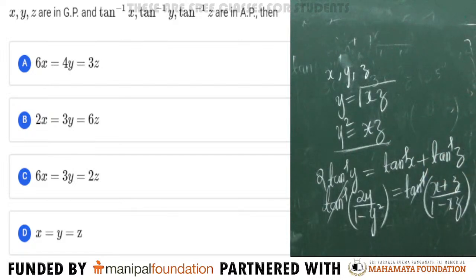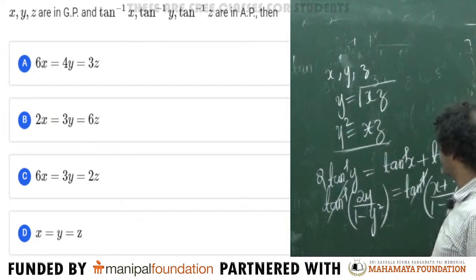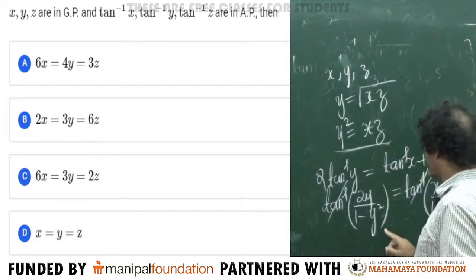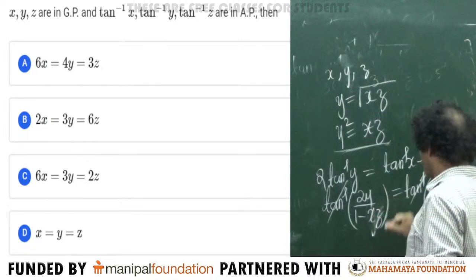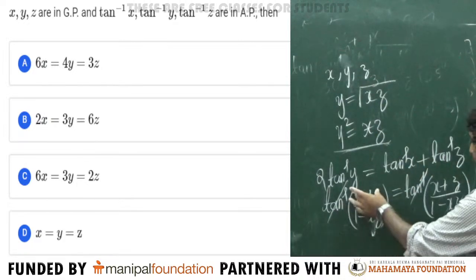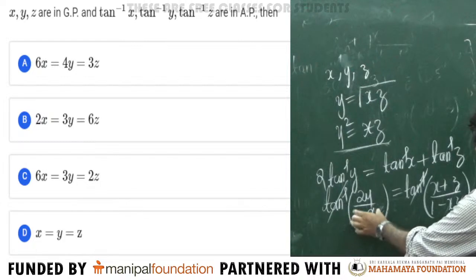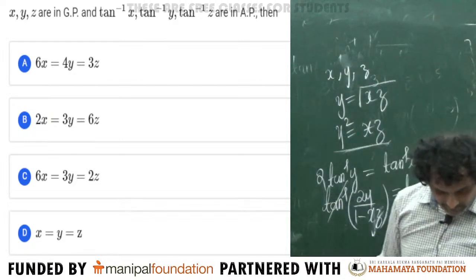Now instead of y square, can you put xz? One small thing you have to do. Instead of y square, from here you put xz. Do you see that 2y by 1 minus xz is x plus z by 1 minus xz? So what are we getting? Aren't we getting 2y is x plus z? If 2y is x plus z, correct, right? Yeah. So what's the question?